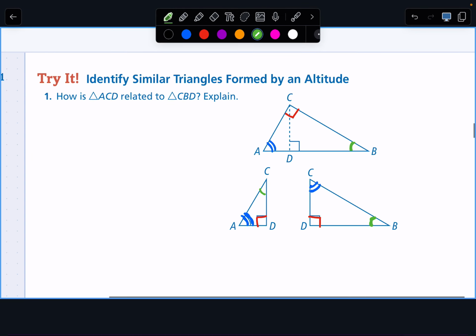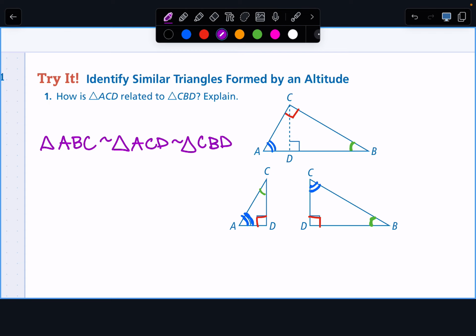Oh, I see. So we can say that triangle ABC, this triangle right here, is similar to triangle ACD, this triangle right here, which is also similar to triangle CBD, this triangle right here.